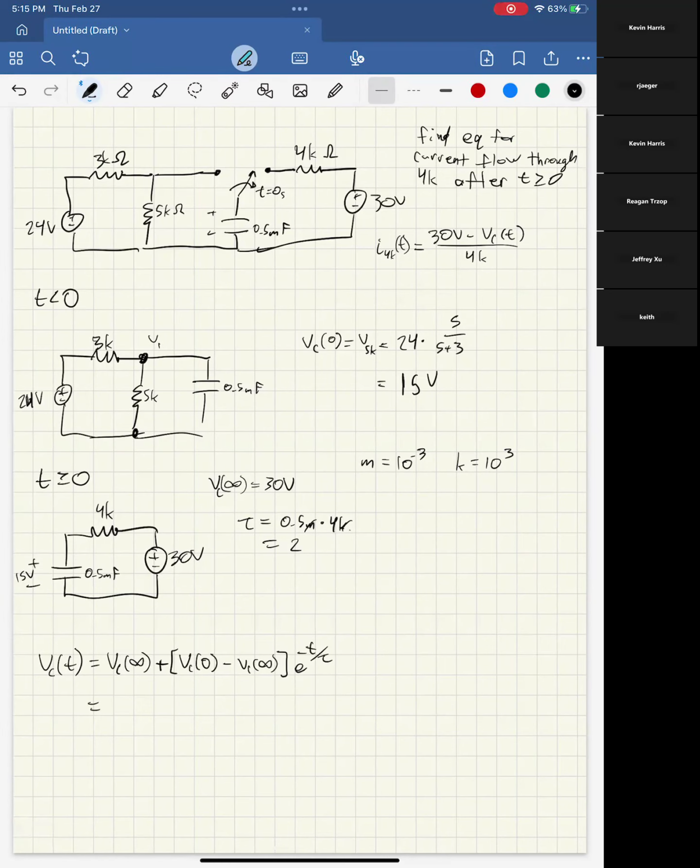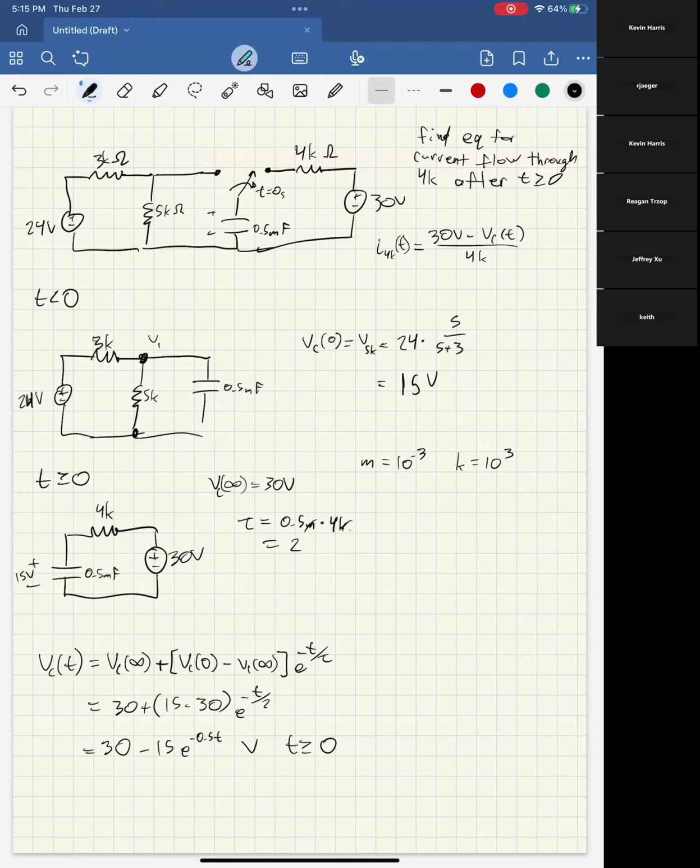And this would be 30 plus, no, it was 15 here. Whoops, that was the wrong one. 15 minus 30 e to the negative t over 2, which we can then simplify a little bit and write as 30 minus 15 e to the negative 0.5 t volts for t is greater than or equal to 0.